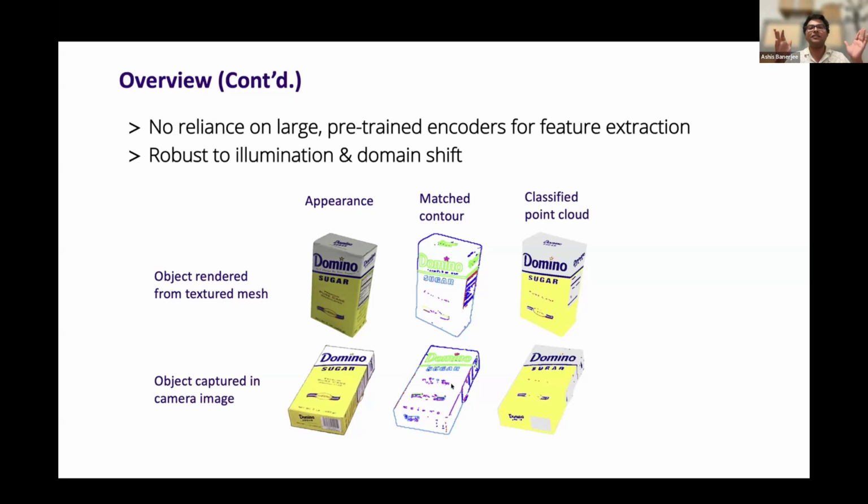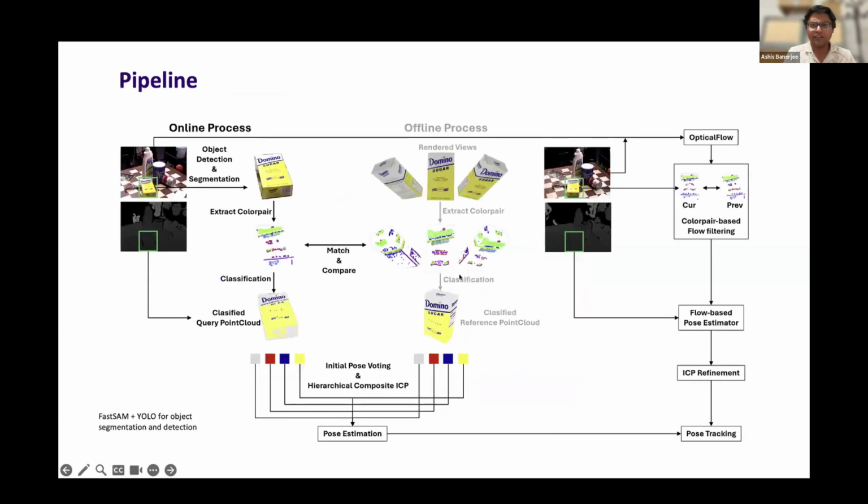So we use the same unified features of color pairs to do both pose estimation and tracking, again in real time. We do use neural networks internally for some of the processes, but as you can see here, it's not reliant on very heavyweight architectures with pre-trained encoders. So this is the overall pipeline.